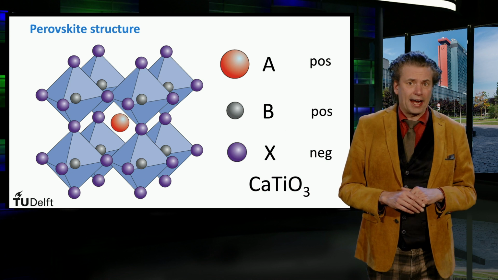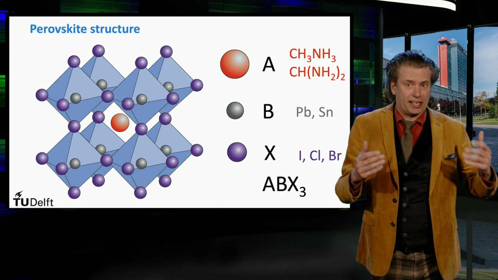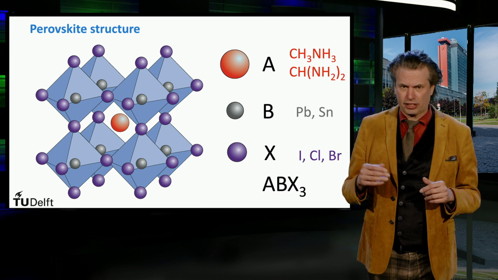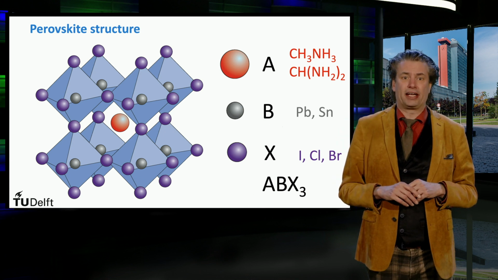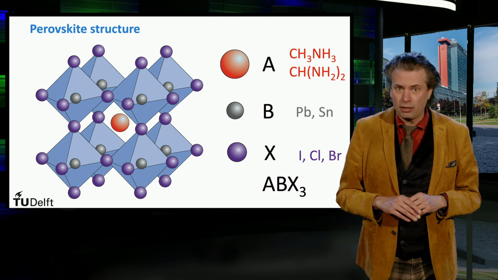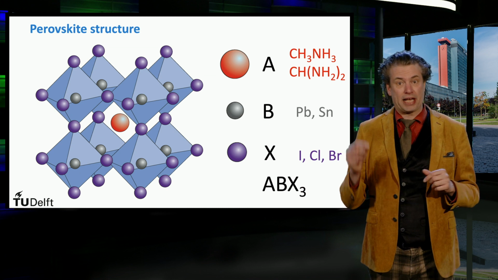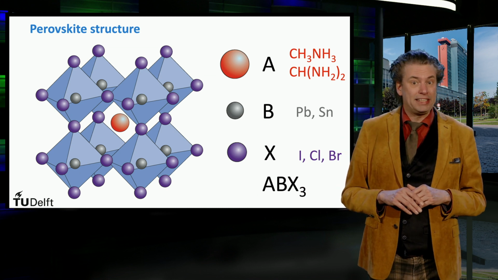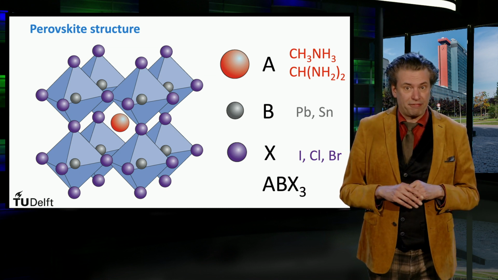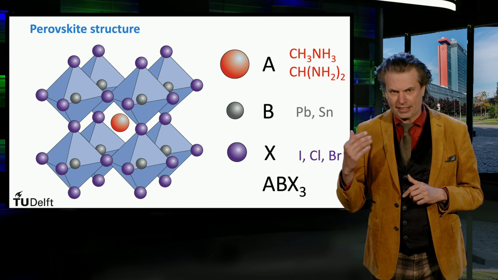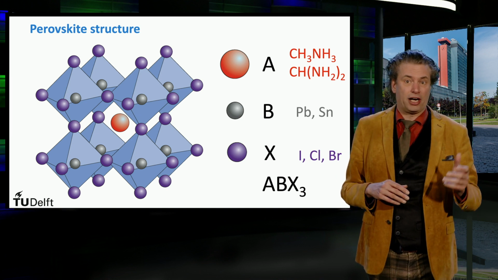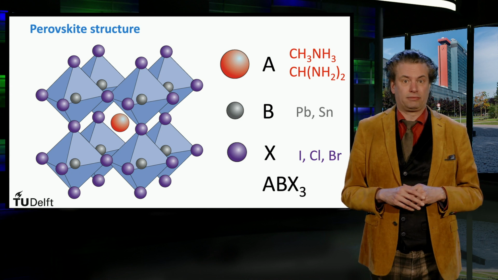For photovoltaics, organic-inorganic perovskites are used, where the large cation A is organic. Often methylammonium, abbreviated with MA, or formamidinium, abbreviated with FA, is used. X is a halogen, such as iodine, chlorine, or bromine.